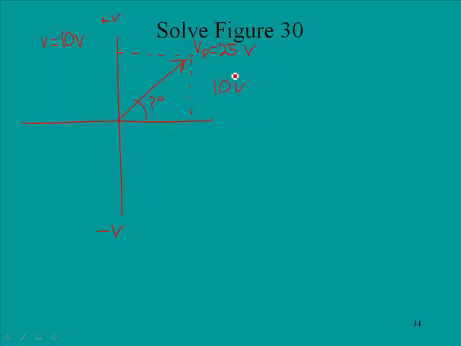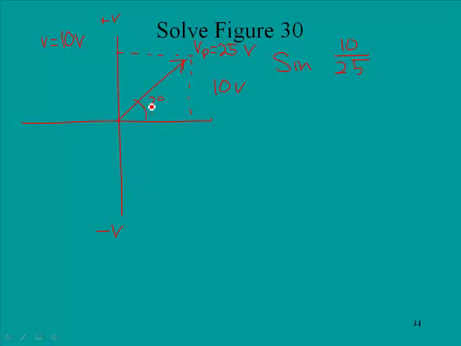Now, if we look at our sine, cosine, and tangent, we have the opposite and the hypotenuse, so that would equate to the sine. So we have the two values, the 10 and the 25. Now, what we're solving for here is the value of the angle.